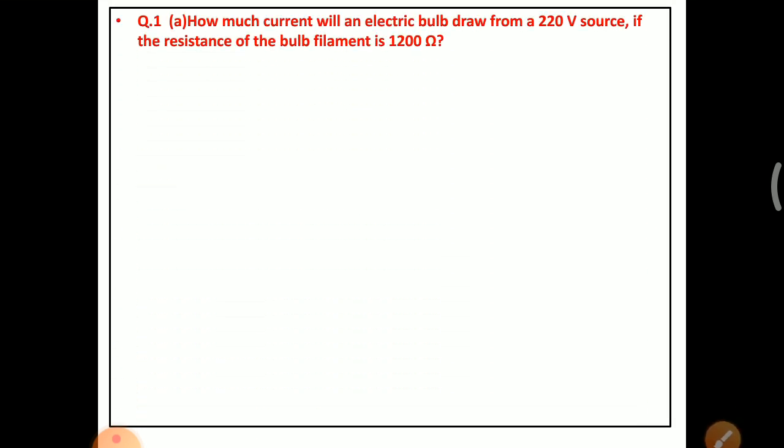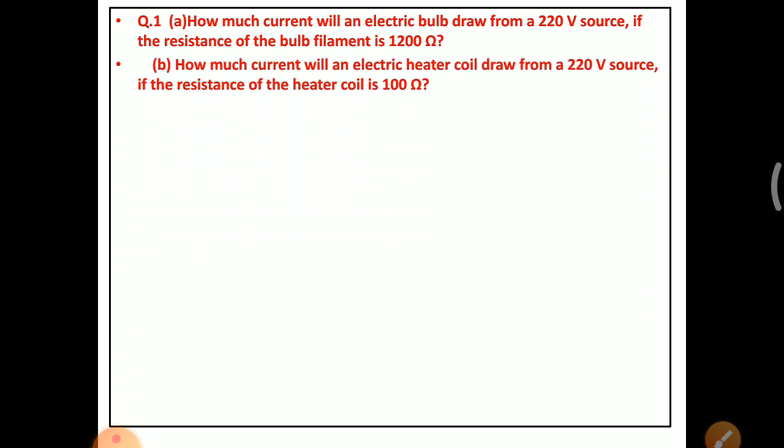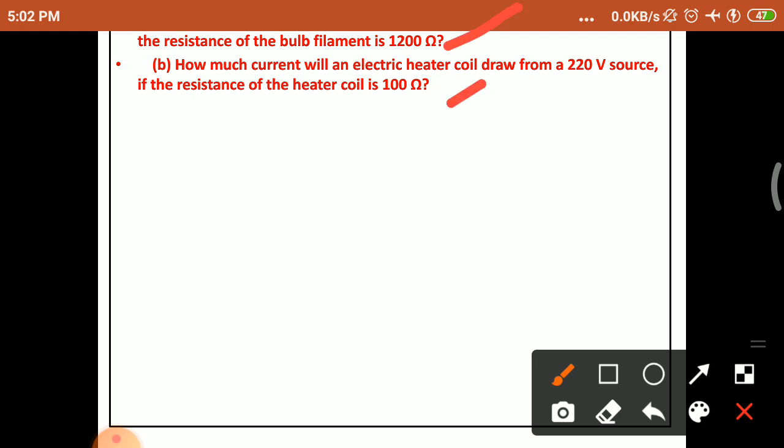The first one: how much current will an electric bulb draw from a 220 volt source if the resistance of the filament is 1200 ohm? The second question: how much current will an electric heater coil draw from a 220 volt source if the resistance of the heater coil is 100 ohm? Here they have given 2 types of question.